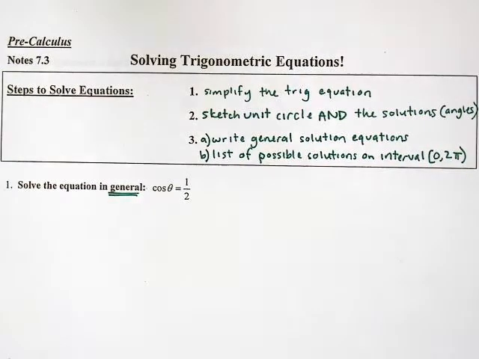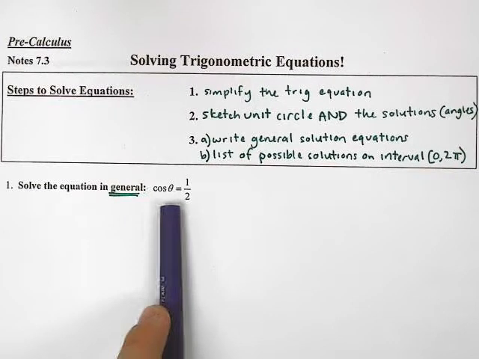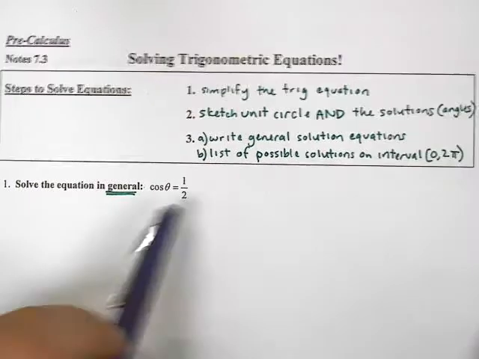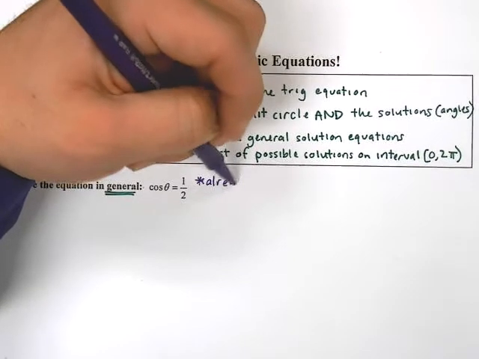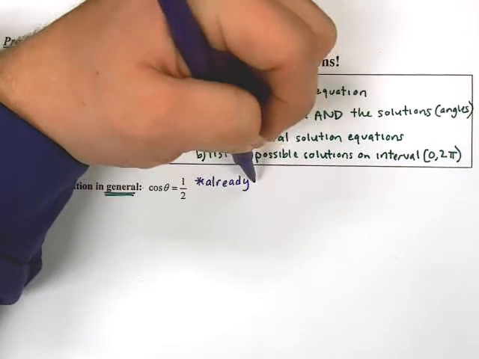So if we look at this, solve the equation in general, cosine theta equals 1/2. This is already simplified. I already have cosine theta by itself.